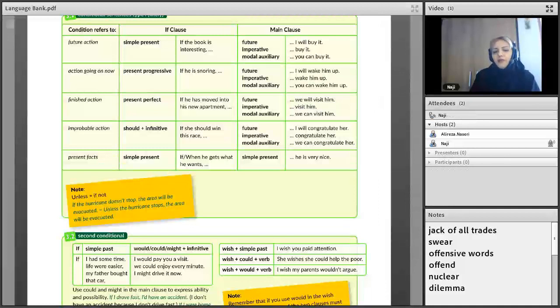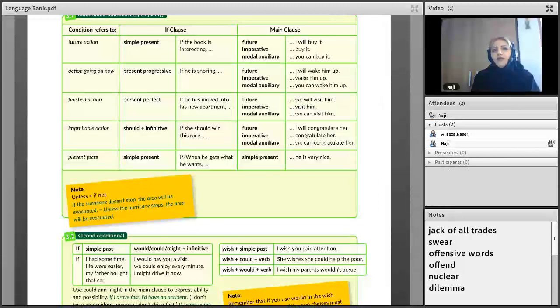So here in type 1 we can say that it might happen. There is a possibility of happening. If the if clause happens, the consequence will happen too. If the if clause doesn't happen, the consequence will not happen either. In the consequence, we can have will, I will buy it, or imperative, buy it, or we can use other auxiliaries like may, can.